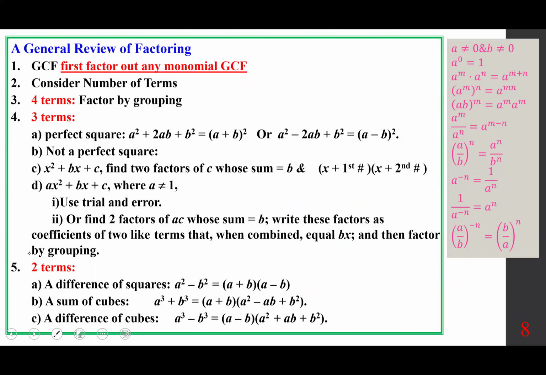All right. A general review of factoring, everybody. I want to go over that for everybody. A general review of factoring is as follows.